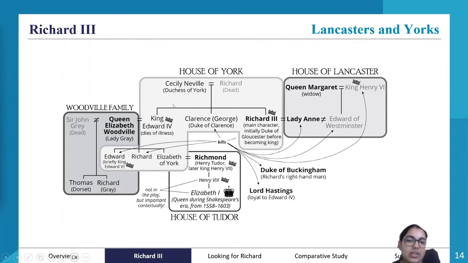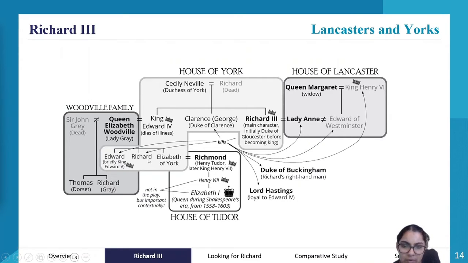King Edward dies of illness. All three are sons of Richard and Cecily Neville, who was the Duchess of York, and Richard, I think that's Richard II. And then that's them. Richard also kills, along with Clarence, Edward V, so King Edward's son.